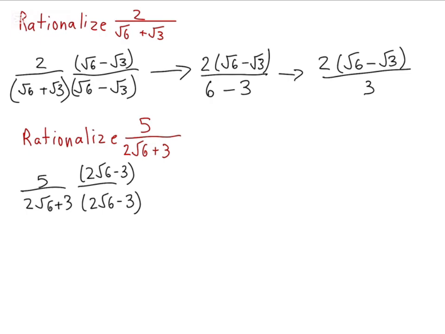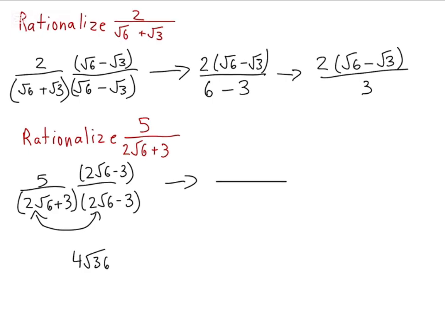So now we've got to simplify this even further. We're going to simplify the bottom here first. In the denominator, we have 2 root 6 times 2 root 6, so this is going to be 4 root 36. If you understand how I did that, you multiply the 2 by the 2 because they're both in the front, and then the root 6 by the root 6, so root 36.